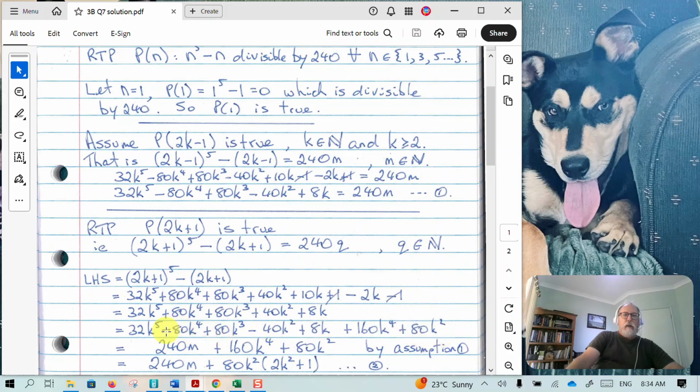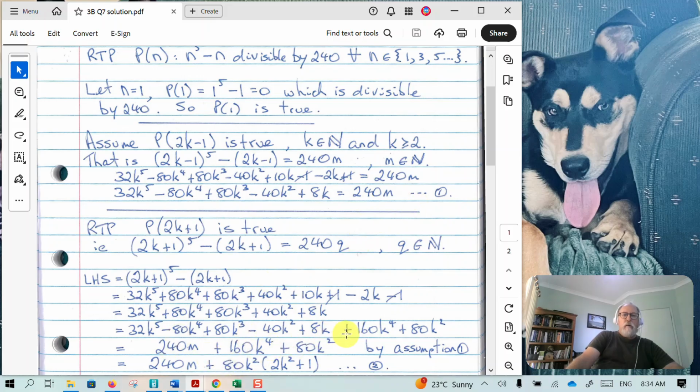So effectively, negative 80k to the 4th plus 160k to the 4th is the same as the positive 80k to the 4th that was on the previous line, and the same here with the k squareds. Now this much to here is identical to the left-hand side of my assumption. So all of that can be replaced by 240m from my assumption, which was labelled equation 1.